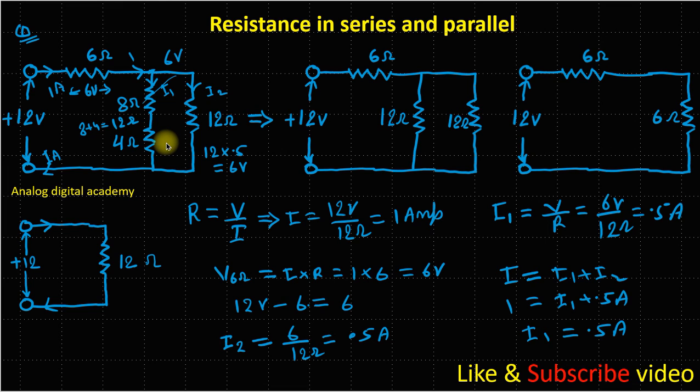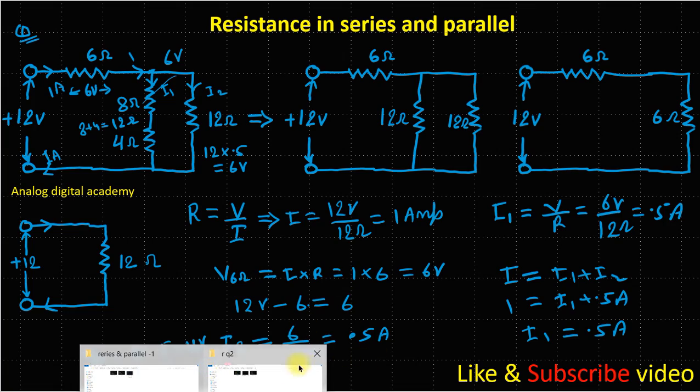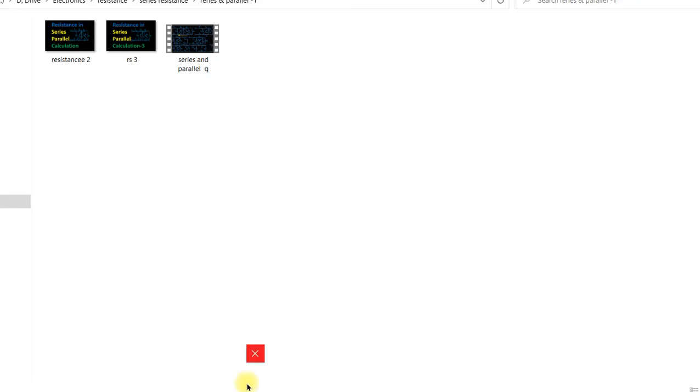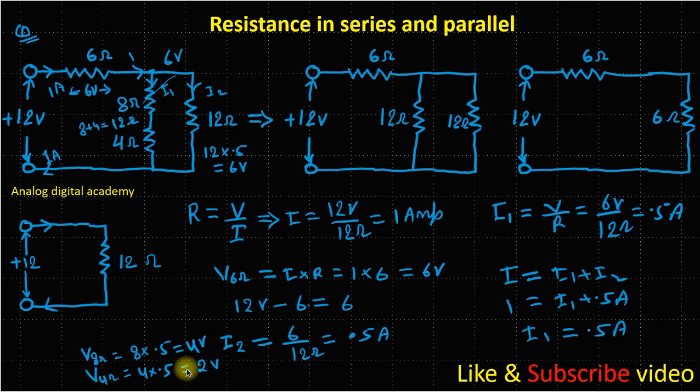The voltage across the 8 ohm resistance equals R into I, so 8 ohm into 0.5 ampere equals 4 volt, and the voltage across the 4 ohm resistance is 4 into 0.5, which is 2 volt. Here you can see the 4 volt plus 2 volt is equivalent to this voltage, the junction voltage.